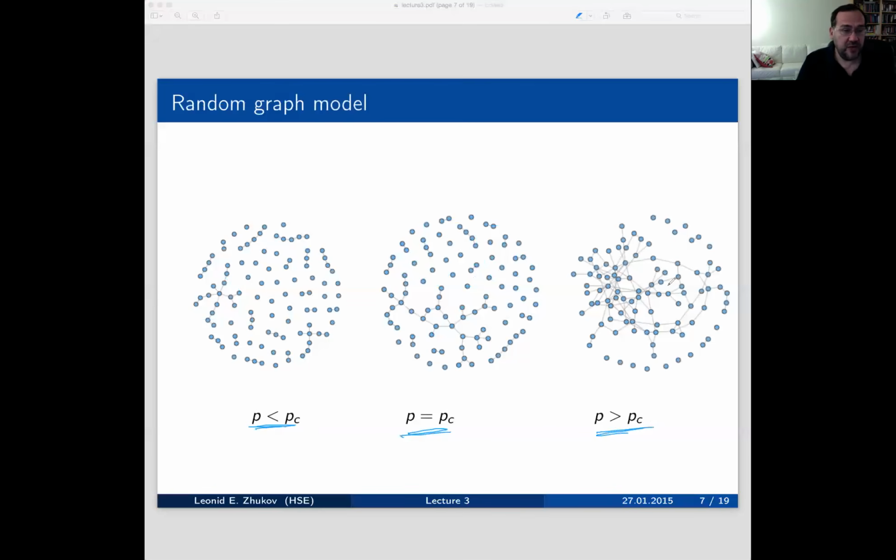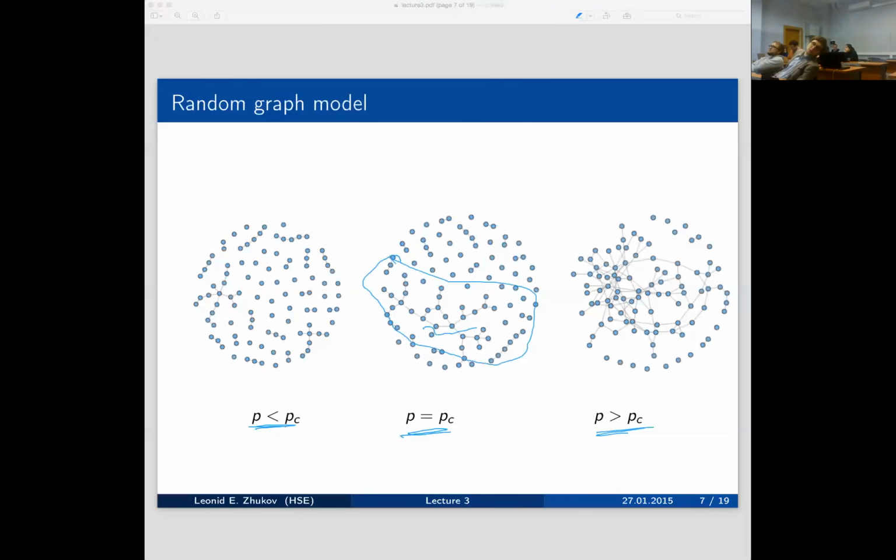And what I want to point out is here, at the critical value, though not all the nodes are connected yet, but they will be very, very soon, you pretty much see the tree, and there is one cycle in here. When you're going further above the critical value, you can see a lot of cycles and a much more complex structure. Okay? Any questions about this?